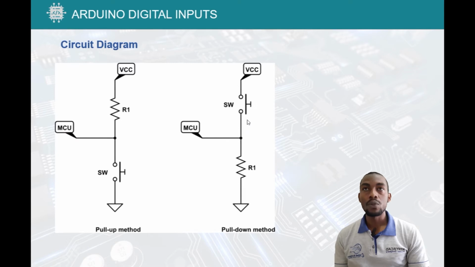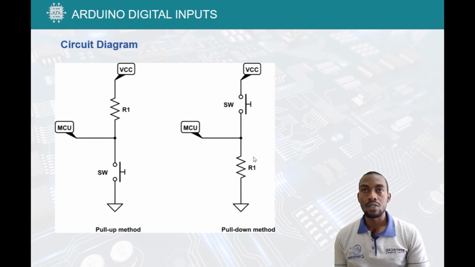When the switch is not pressed, the microcontroller is connected to ground via the resistor. So this resistor serves as a pull down resistor. Now when the switch is closed, there's a connection from the VCC, that is the 5 volts, to the microcontroller, and it will read a high voltage, that is 5 volts.